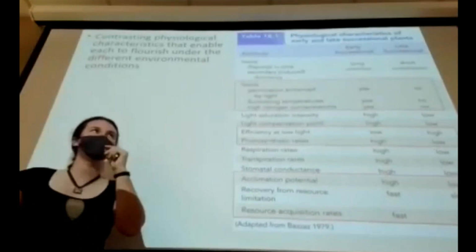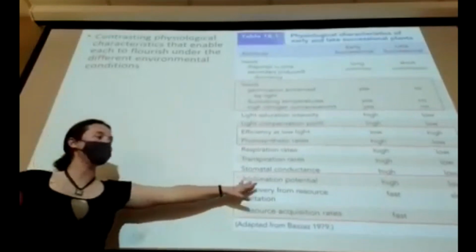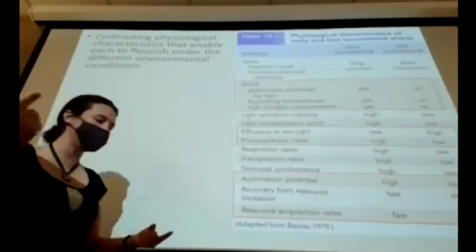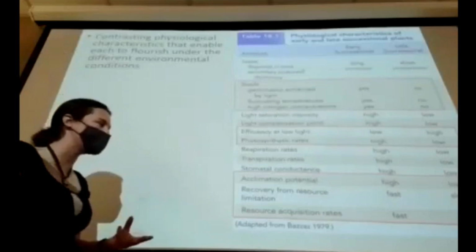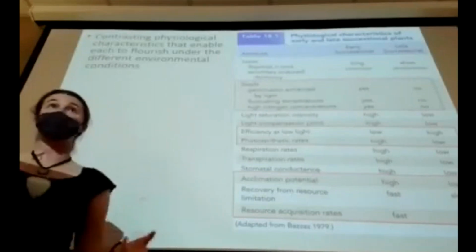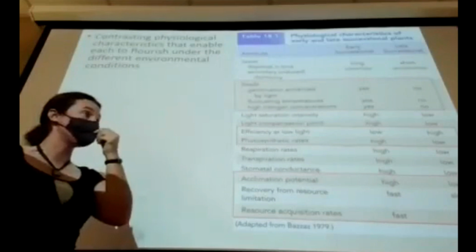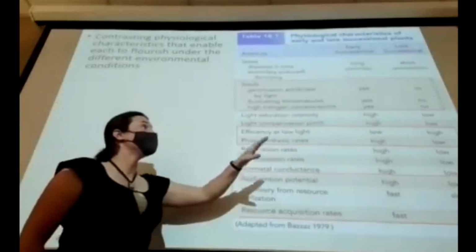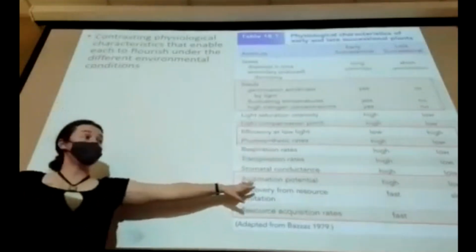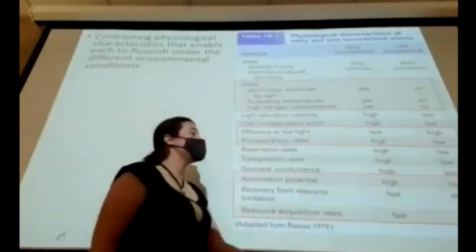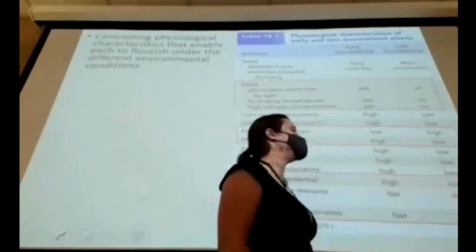Finally, I want to point out that the early successional plants are really good at acclimating to whatever the conditions are. So, fluctuating temperatures, lots and lots of light, forest fires, of course, are really damaging, but early successional plants can do it. They can acclimate pretty quickly. These ones really don't.